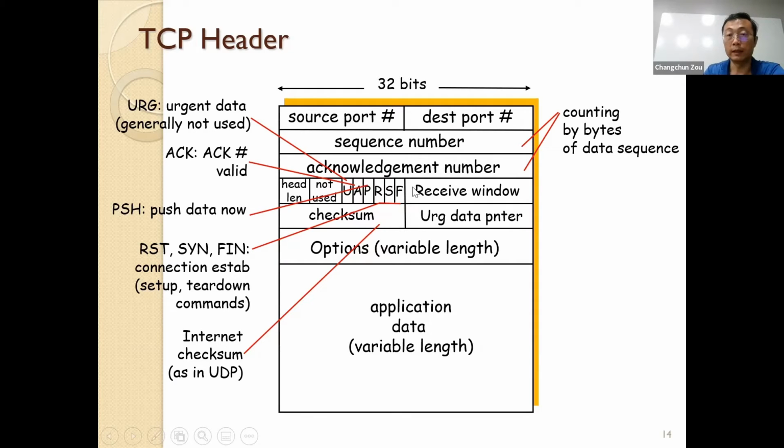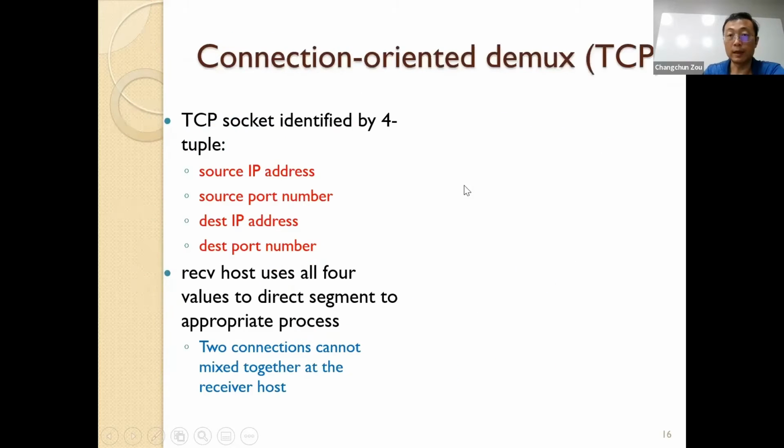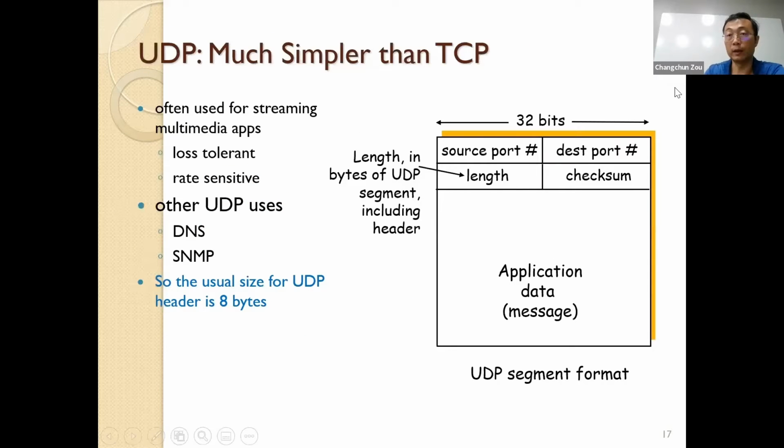On the other hand, the UDP header is only 8 bytes. So the UDP header is much shorter, which is convenient for sending a small packet. If you send a very small data packet, the UDP protocol will add less overhead than the TCP protocol.